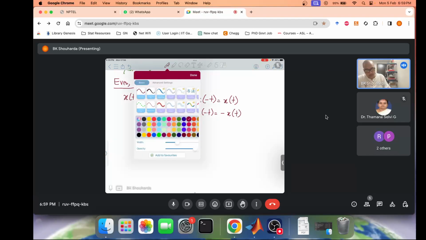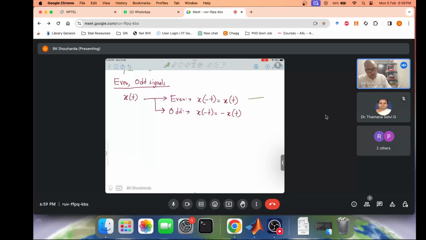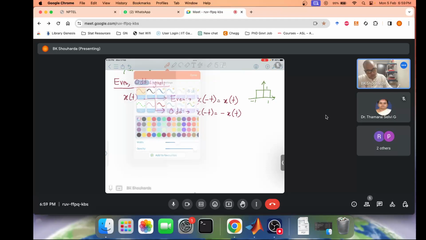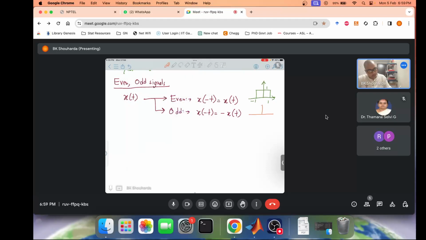Some very simple examples illustrate this. This is an even signal and this is an odd signal.